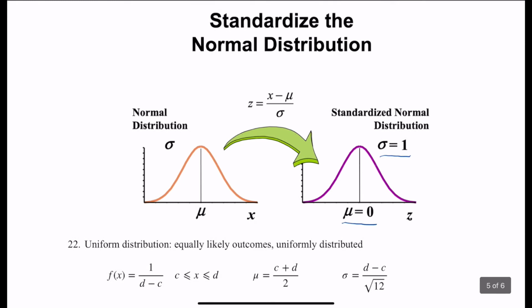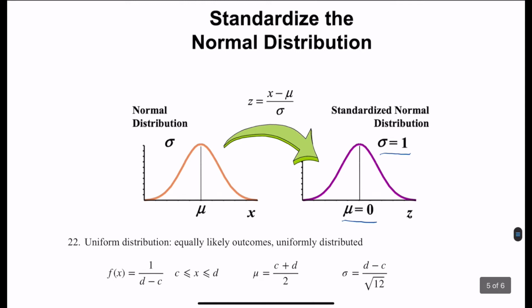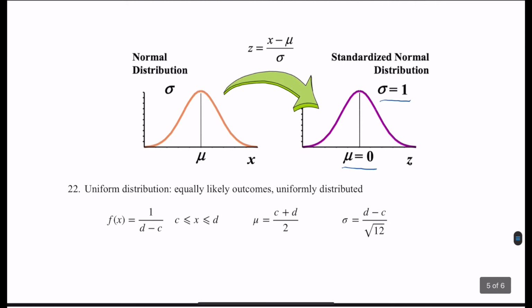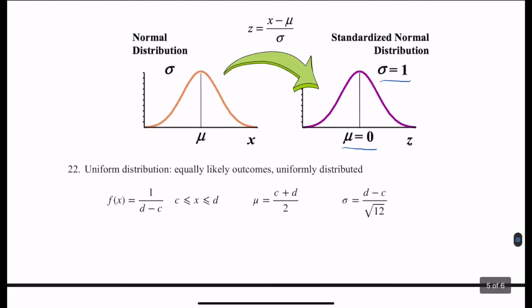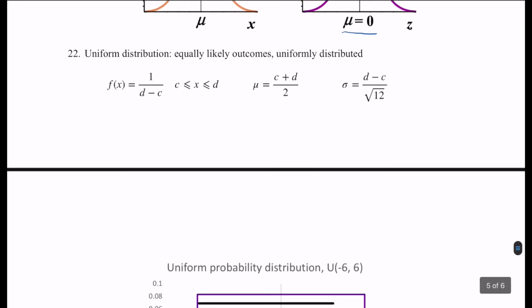We still have two types of continuous random variables left, but they're easier to understand and simpler than normal distribution. So the first one is the uniform distribution.